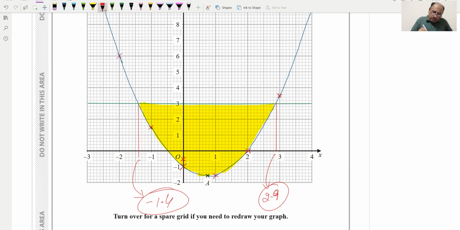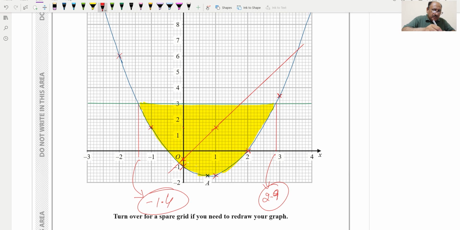So 2 units up will be this point, and 1 unit right, so we will be getting this point, and we can draw the line. One second, I'm just trying to draw an accurate line and taking time. So this is basically the line which we have drawn.